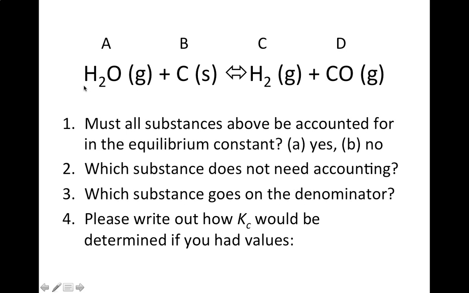Now notice that none of them were raised to a coefficient because all of the coefficients in my balanced reaction are 1. So again, it'd be the concentration of H2 times the concentration of CO, divided by the concentration of H2O. I'd have to be given some values.